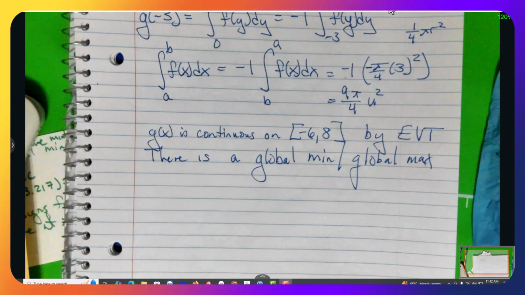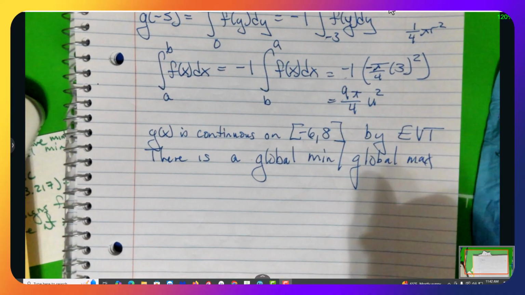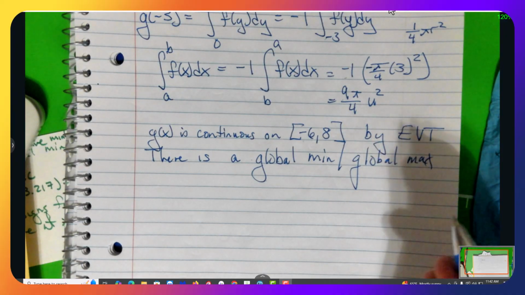So now I have this thing called the candidates test. The candidates test says, when you have a function that's continuous on a closed interval, here's how you find the global extrema. You take the endpoints. Boom, boom, there they are. And you take the, I need the critical points.